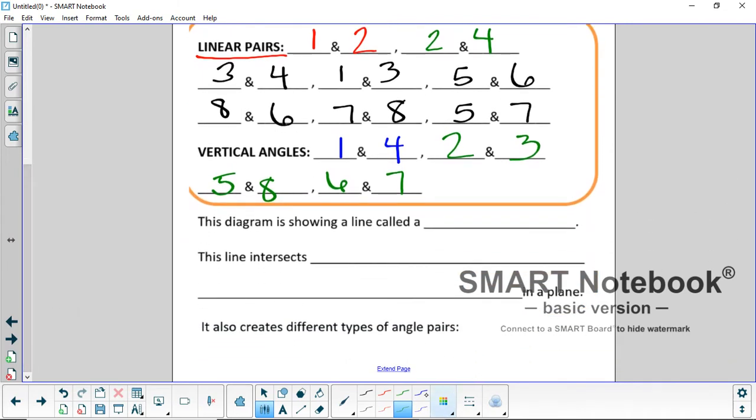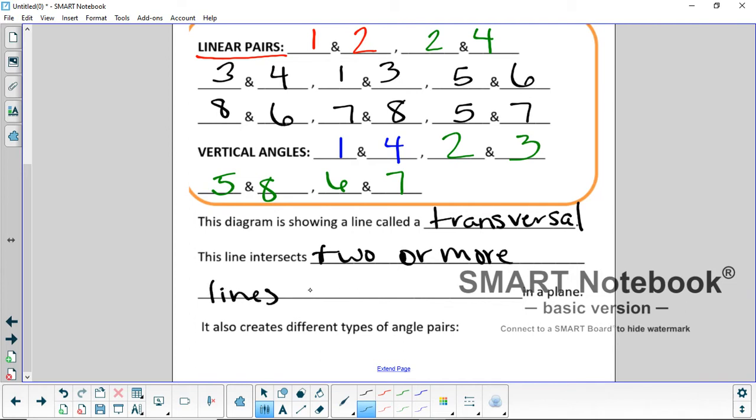Okay, now that picture up above was showing 2 lines that were getting sliced by another line. And that other line is called a transversal. A transversal's definition is a line that intersects 2 or more lines.